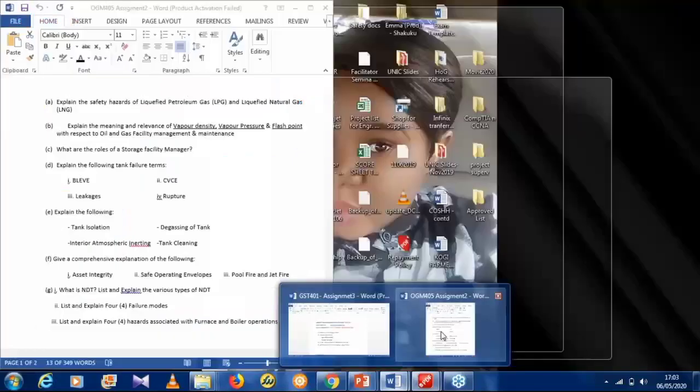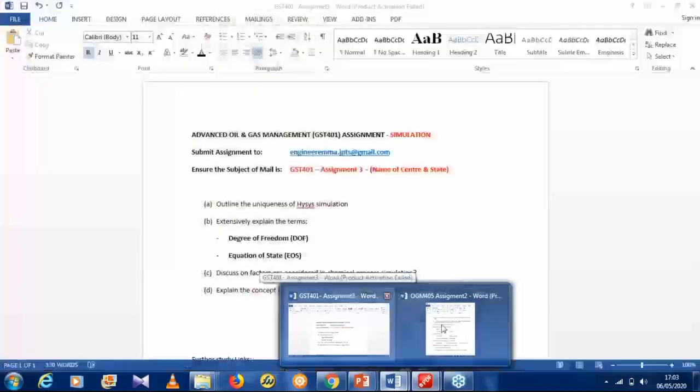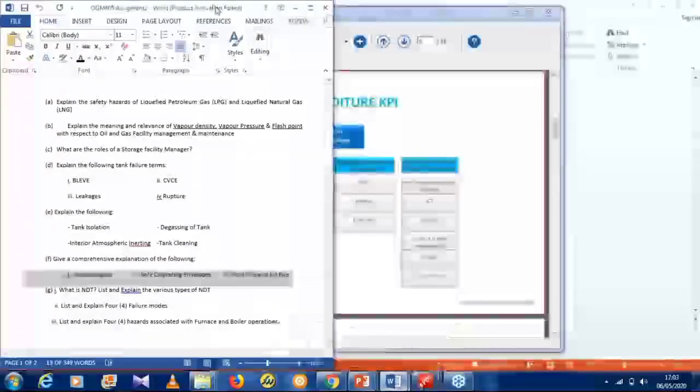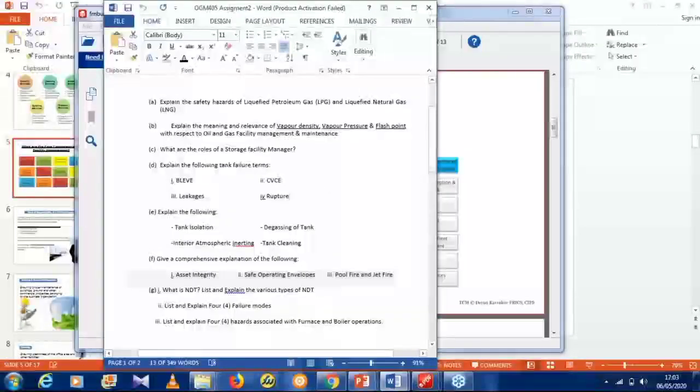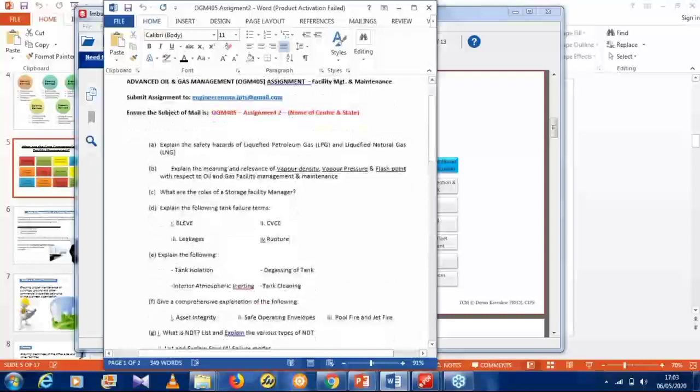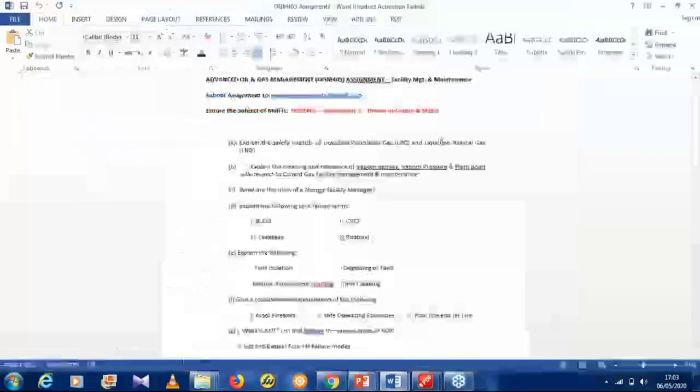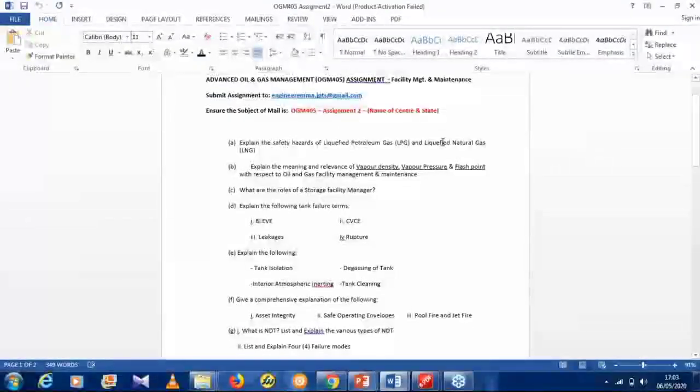Please take note of these assignments. You can take a screenshot of the assignments and the next area that we'll be touching.